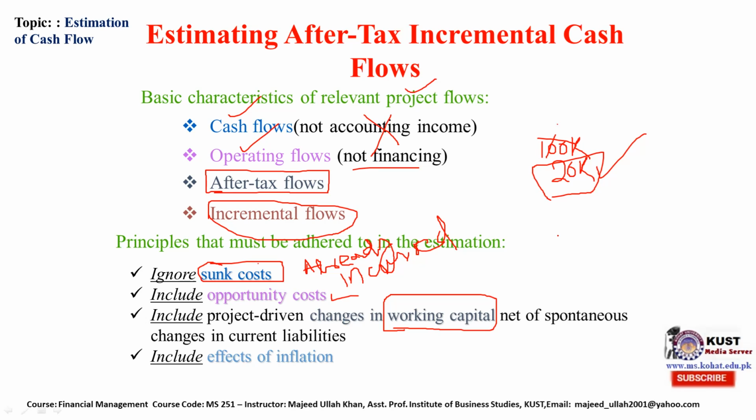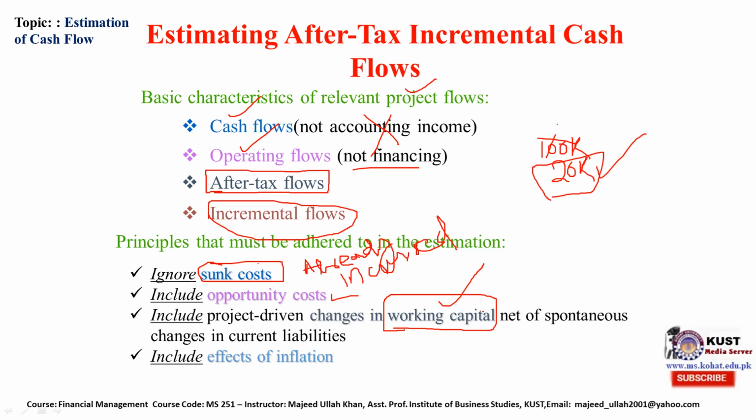This new machinery will also result in accounts receivable. So the new project will result in an increase in cash, accounts receivable and material. This increase in working capital will also be included in the project driven changes.